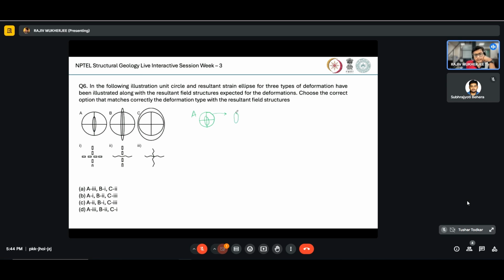So compression is both along the long axis and the short axis. That means compression structures will occur both along the long axis and short axis.